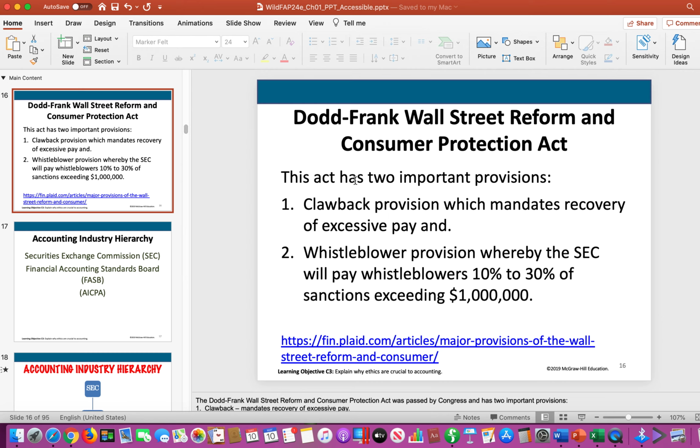Again, this slide mentions two provisions of it, but I want you to go on this link and read some more about the Wall Street Reform Act. Please do that, because the questions I'm going to ask you about the Dodd-Frank Wall Street Act are contained in the article here, as indicated by this link.